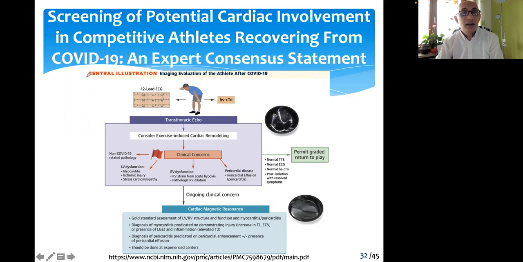This guideline is developed for screening potential cardiac involvement in athletes who recovered from COVID-19. If the patient has symptoms, you do the 12-lead ECG and then echocardiography, and depending on that, you decide which way you go in the diagnostic process.